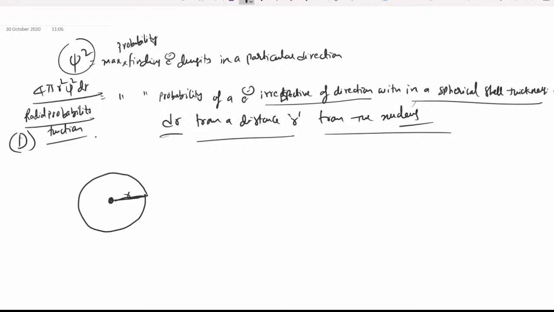Irrespective of the direction means I am taking a spherical shell. It is the distance r from the nucleus. Now, a spherical shell of thickness dr.